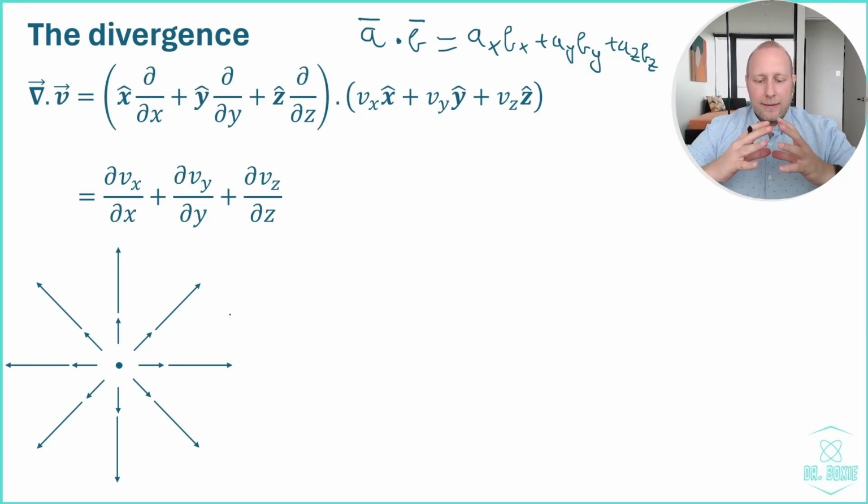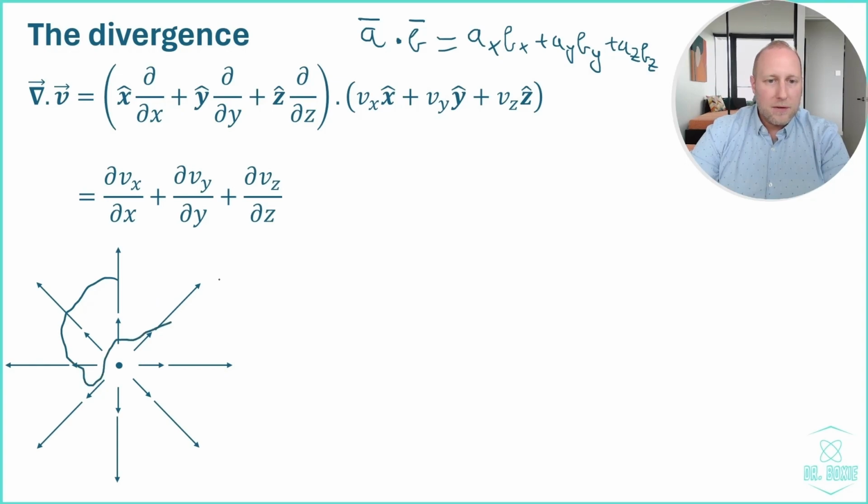So it's a vector field that points away from a certain point, and as you go further and further away from it, the size, the magnitude of the vectors increases. Now think of some closed surface. Imagine I'm considering some closed surface here of some shape, and I want to know how much vector field net is leaving that surface, that volume enclosed by that surface.